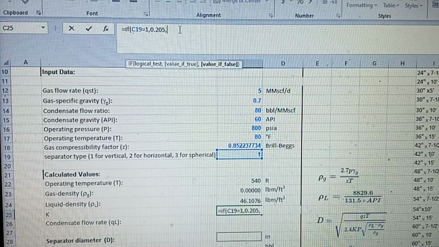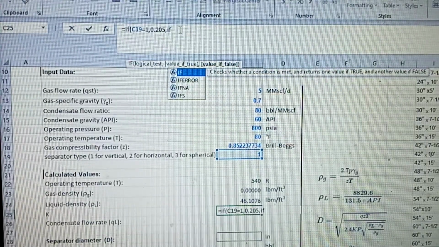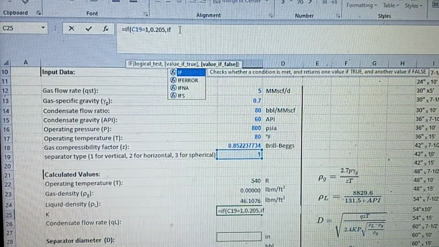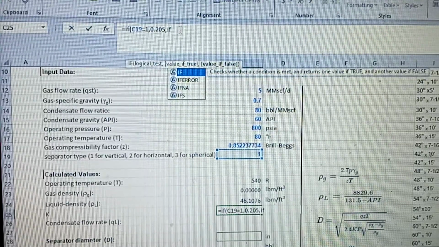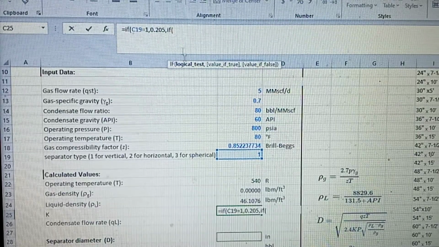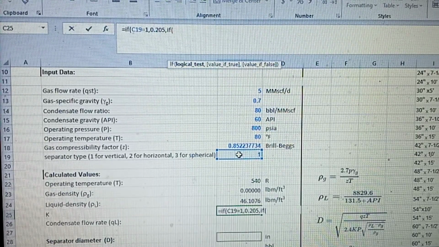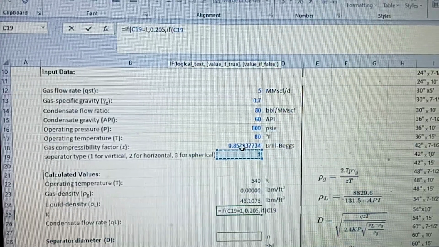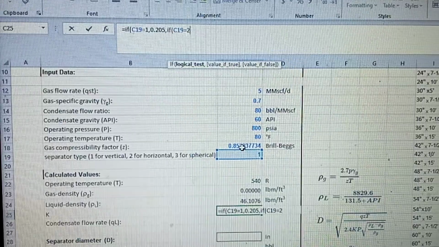So I'm going to put another if there. You don't need to put equals again because your equals is at the beginning. To choose between 2 now, if this cell, C19 again, equals 2, comma, then that is horizontal.